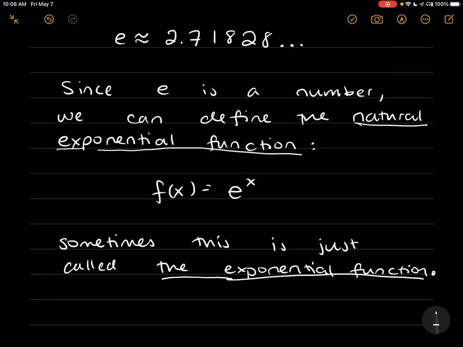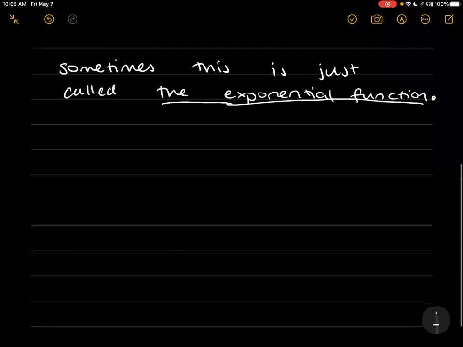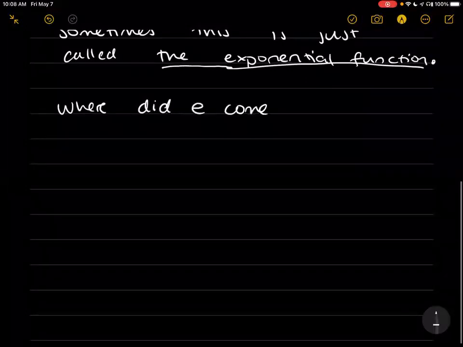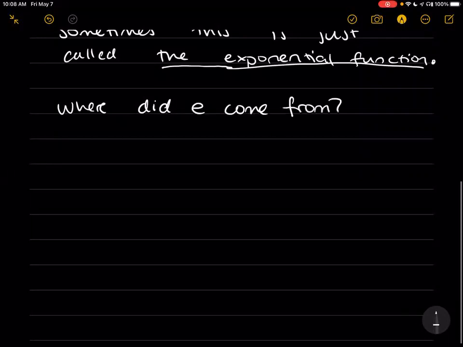But let's go ahead and have a little detour. Let's ask, where did it come from? So it turns out that the answer is compounded interest, specifically continuously compounded interest.